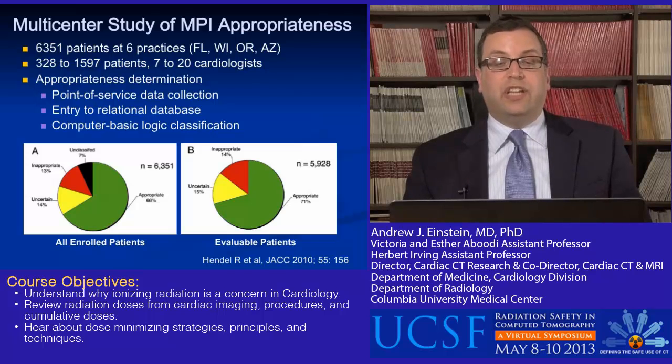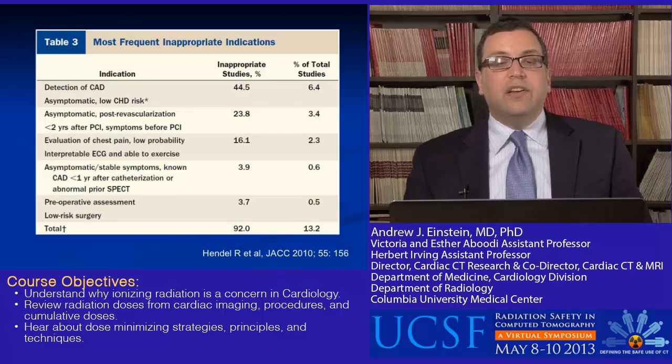What did they find? About 2/3 of studies were appropriate, and the rest were inappropriate, uncertain, or unclassifiable. Looking at the most frequent inappropriate indications, number 1 was the detection of coronary artery disease in asymptomatic, low-risk patients. This constituted nearly half of inappropriate studies.